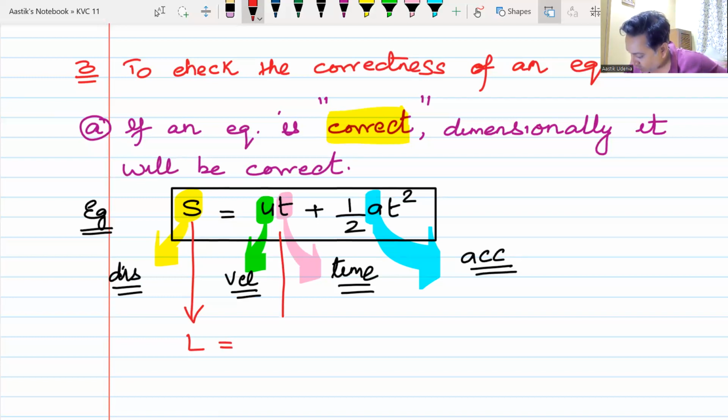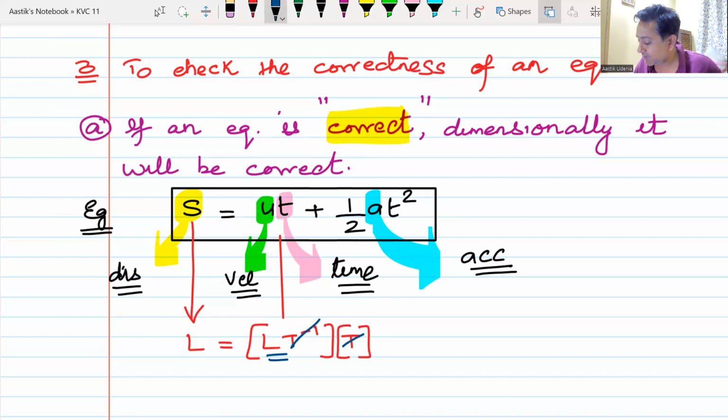Now this quantity has two quantities. One is U, which is LT minus 1, multiplied by T. This T and this T will cancel. I will get the dimension of L. Are you getting my point, bacha?